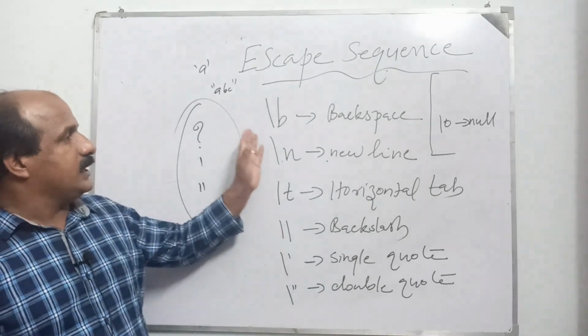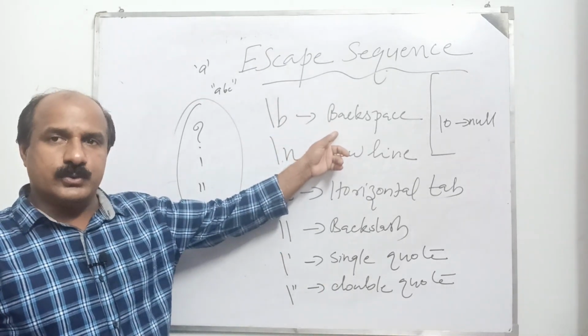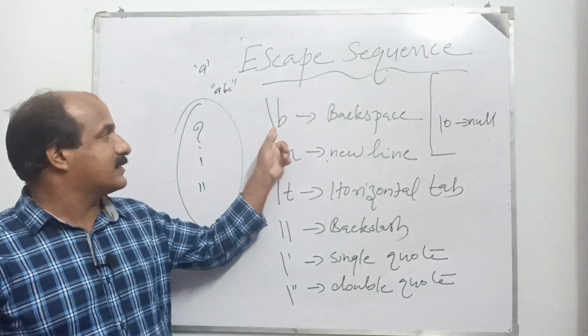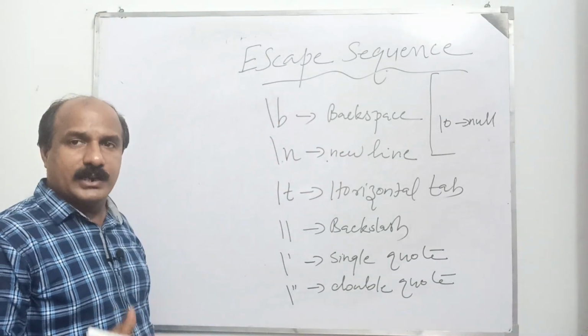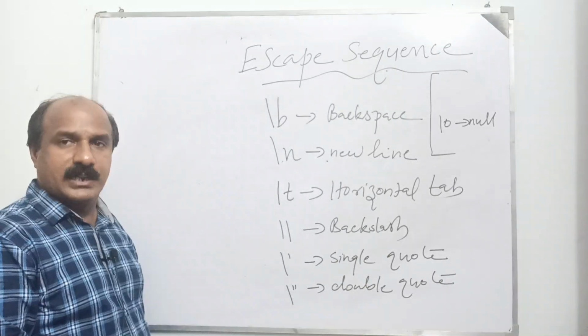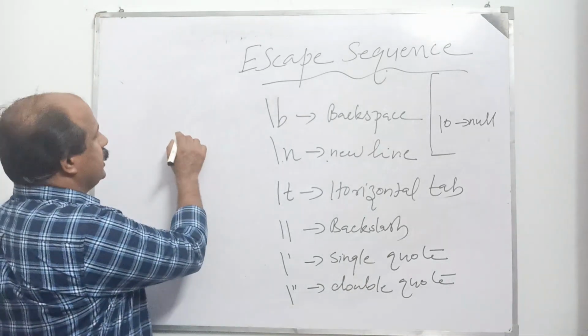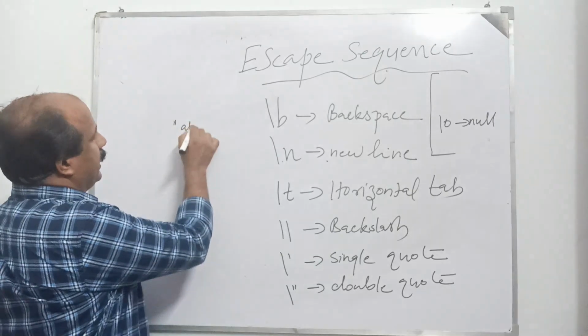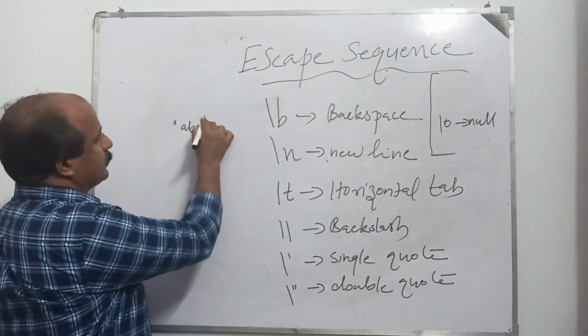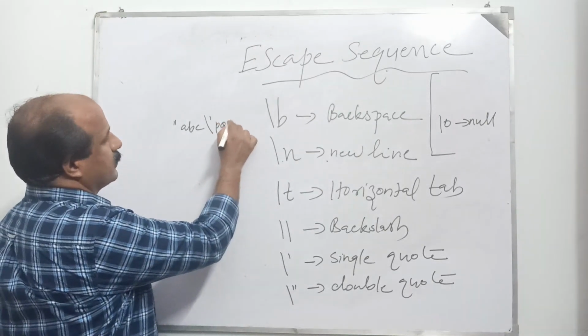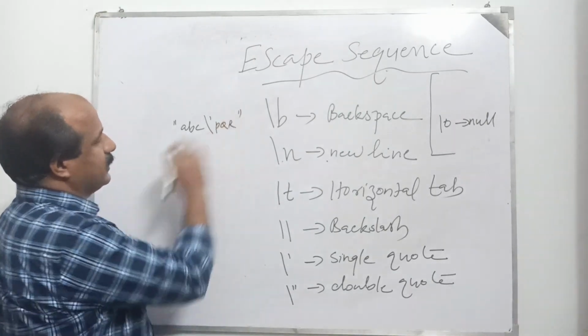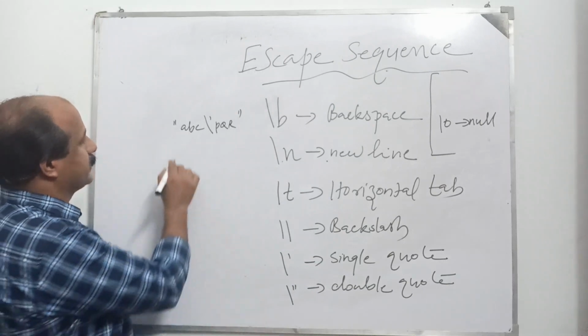For backspace, \b will be used. Now, suppose you want to print a single quote. If you write A, B, C, then backslash single quote, then P, Q, R, what will be printed?